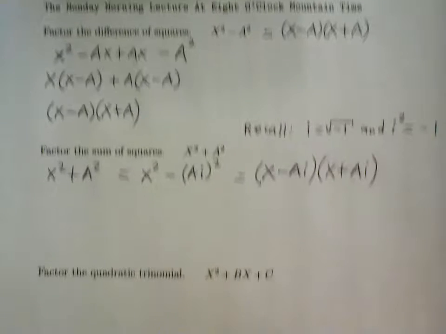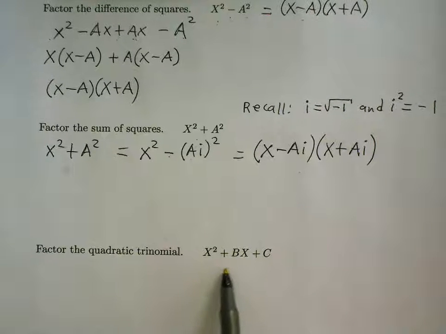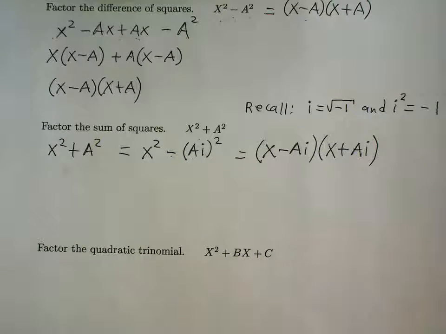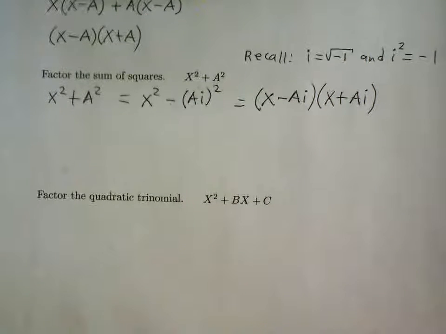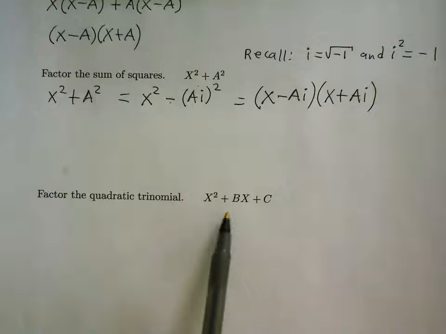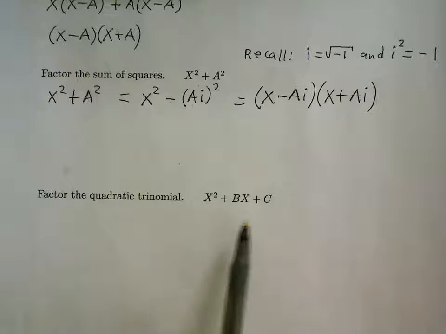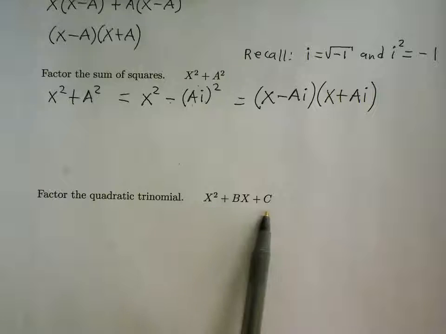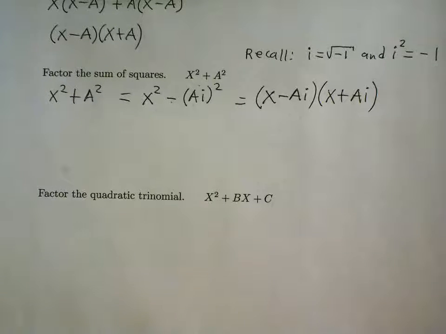Okay, next we'll factor the quadratic trinomial x to the second plus bx plus c. So what we're going to do in this case, we will add 0 again, and then using algebra and arithmetic, we'll convert this to a difference of squares, and then we'll factor the difference of squares using the formula above.